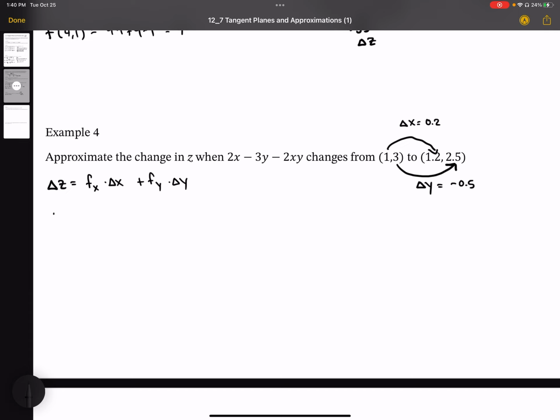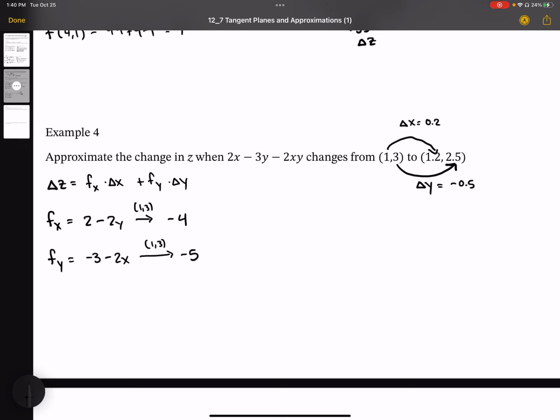So our partial derivative for X is 2 minus 2Y. And if we evaluate this at the point 1, 3, we're going to get 2 minus 6, which is negative 4. And then our partial derivative for Y is negative 3 minus 2x, which if we evaluate at the point 1, 3, is negative 3 minus 2, which is negative 5.